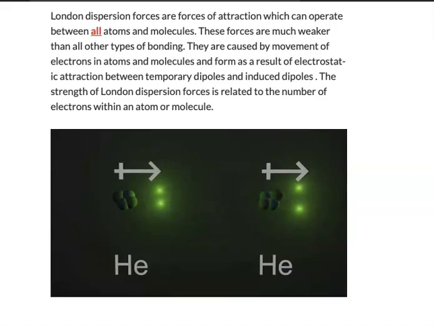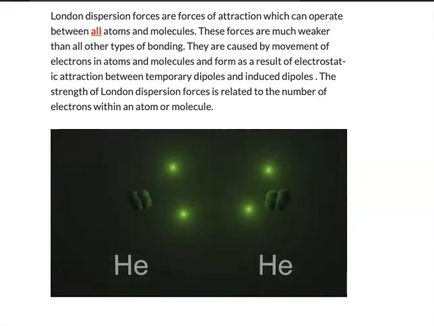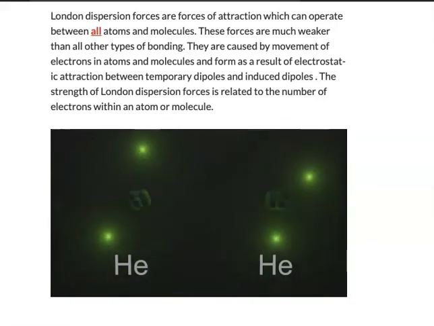And those electrons repel the electrons in the adjacent helium atom and can lead to the formation of an induced dipole. And where you have negative next to positive, you will get an attraction, and that is the London dispersion force. It only lasts an instant, because the electrons are soon on their way again, and the attractive bond is broken.